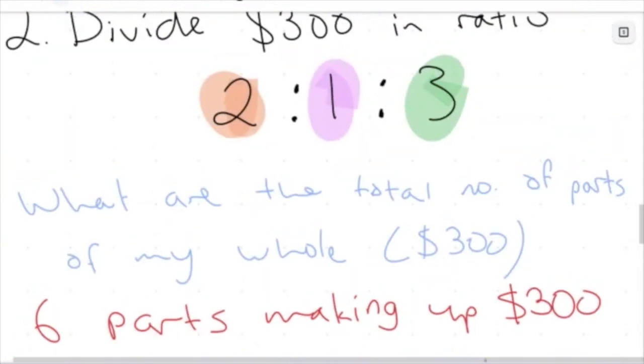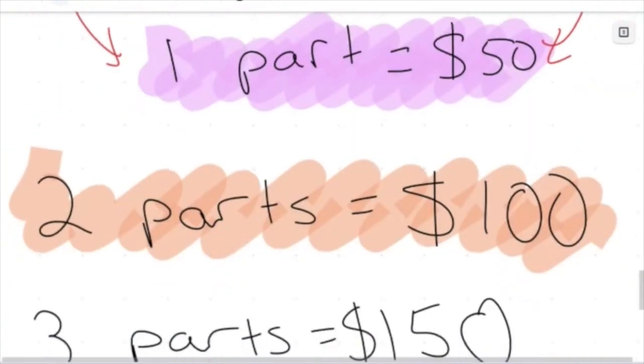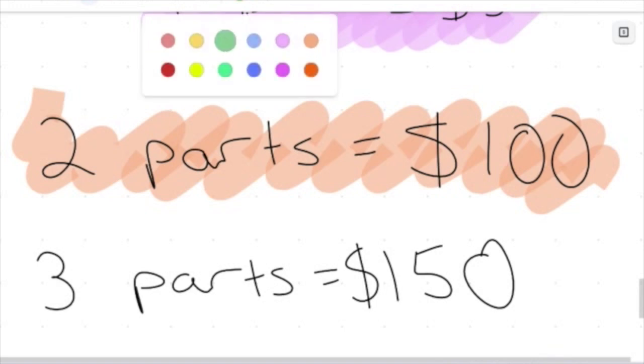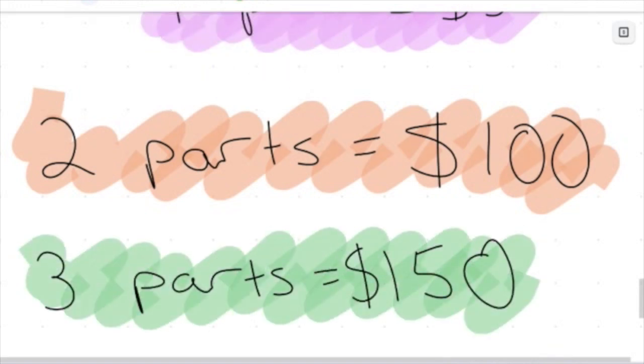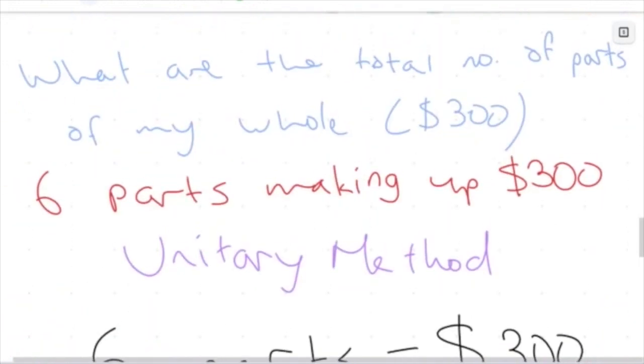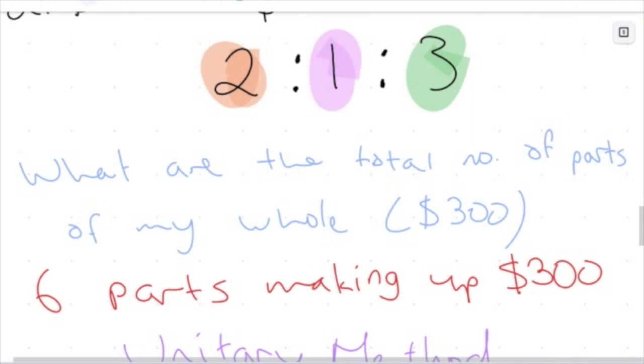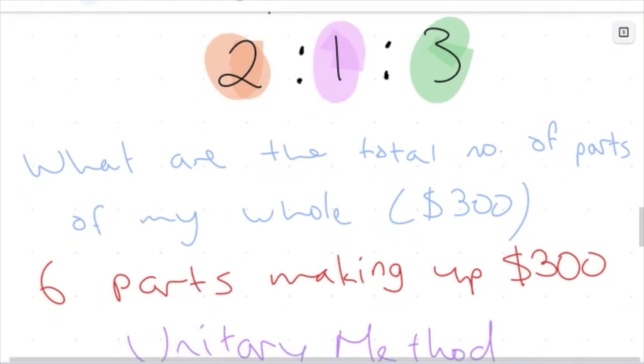And I did that one in green. Let's highlight that. Beautiful. So now I found the portions of the whole that each of these people got out of this whole $300.